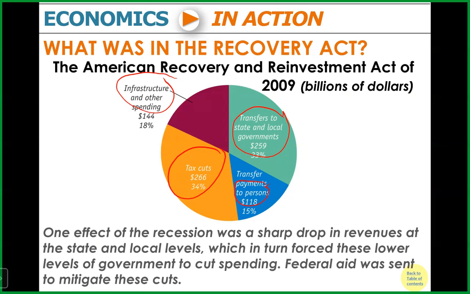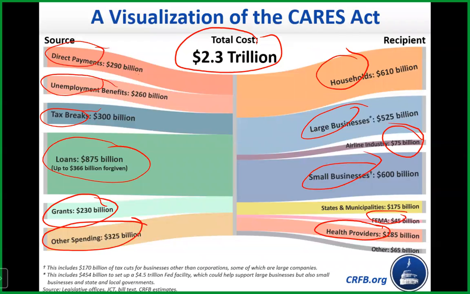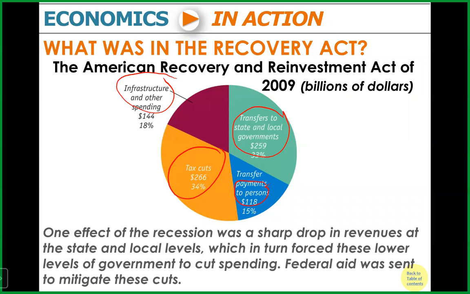The money goes to airlines in 2020, and back in 2009, the money went to auto manufacturers, like we saw earlier, like GM, right? And similarly, the money goes to health providers in 2009, and some of the money maybe goes to the financial sector. All right, so just to give you a comparison.